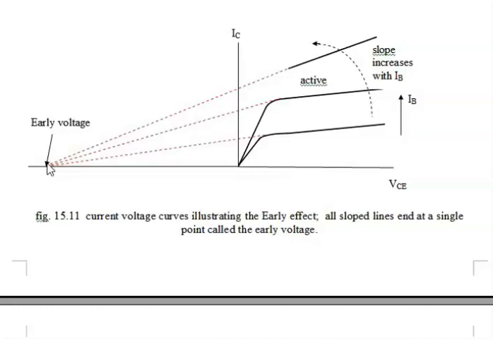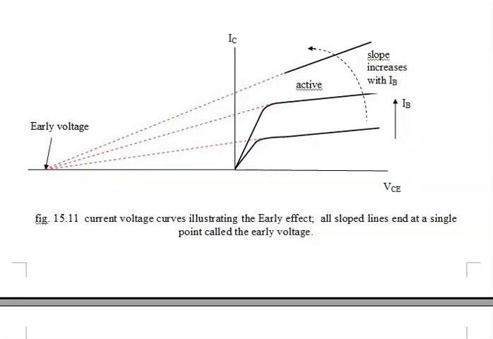If we could go less than 10 to the 15th, then the early voltage would move to the left. If the collector doping is greater than 10 to the 15th per cubic centimeter, we would expect the early voltage would move in the wrong direction.